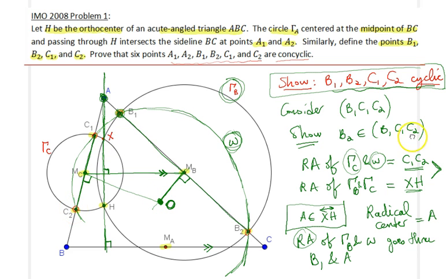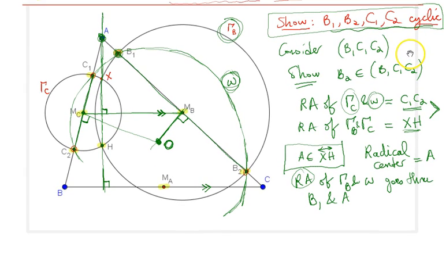Let me write those down here. So far I know that OB1 equals OB2, which in turn equals OC1 and OC2 as well.